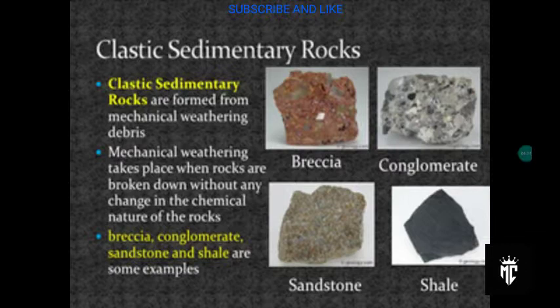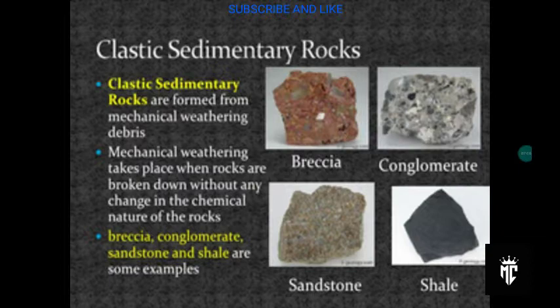They are transported from one place to another, and they get collected layer upon layer and turn into this mechanically formed sedimentary rock. So these contain fragments from the breaking up of pre-existing rocks, and these sediments we call clastic sediments.